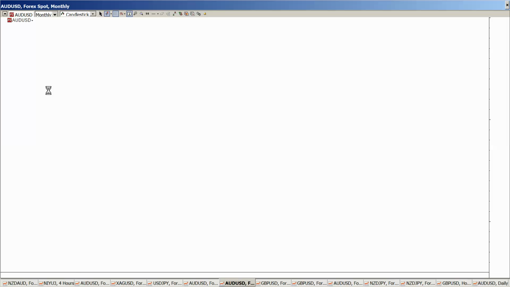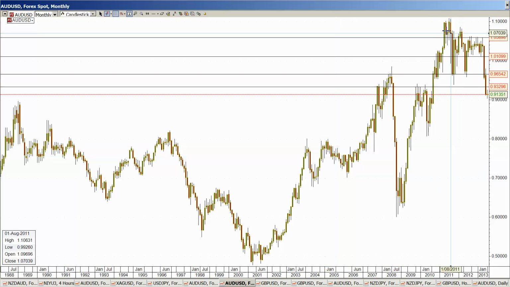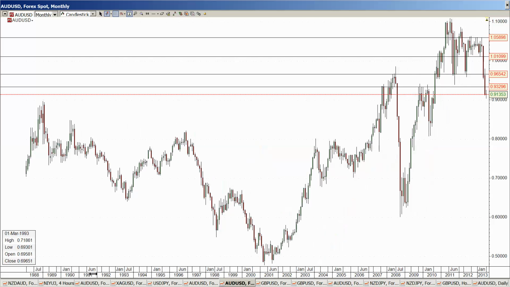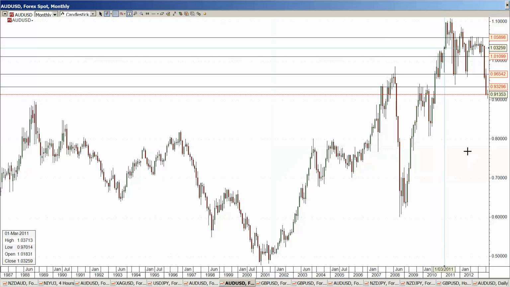The reason why Aussie got up to these insane levels, in hindsight it certainly looks insane, because if you take a long-term view, that's as far as it's going to let us go back, 1988, the average price is probably somewhere here between 70 and 80.